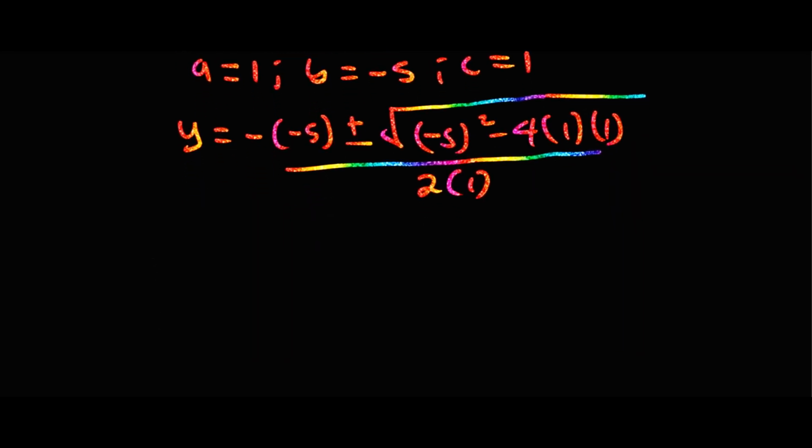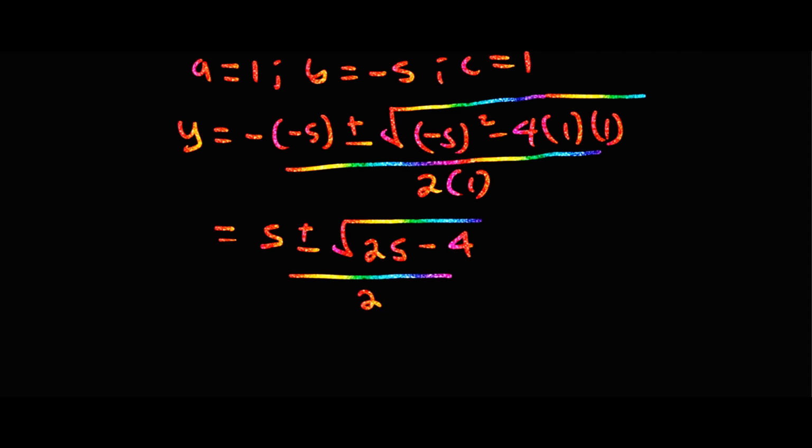So let us now simplify this. We're going to have, that is minus times minus is plus, plus or minus the root of negative 5 squared is 25, minus 4 times 1, that is just 4, and that is over 2 times 1, which is just 2.